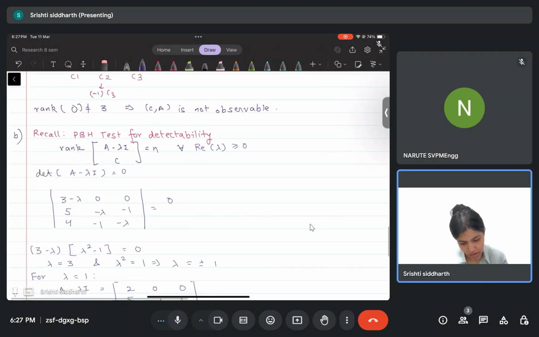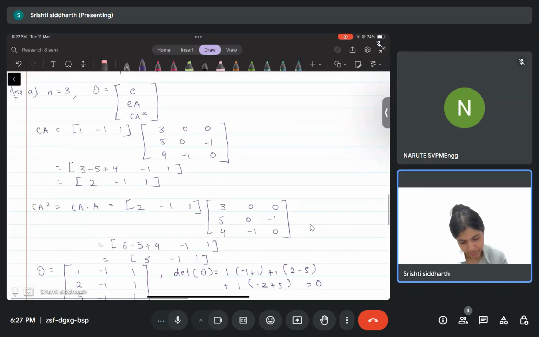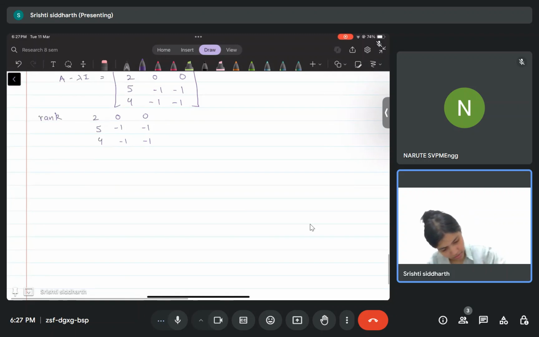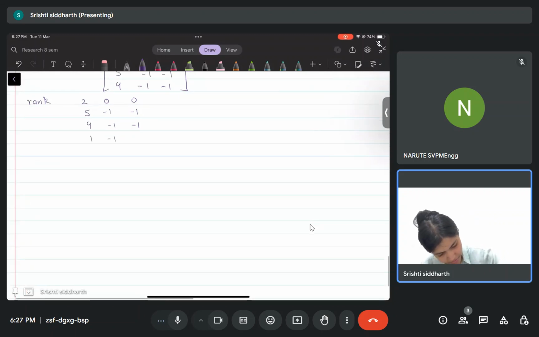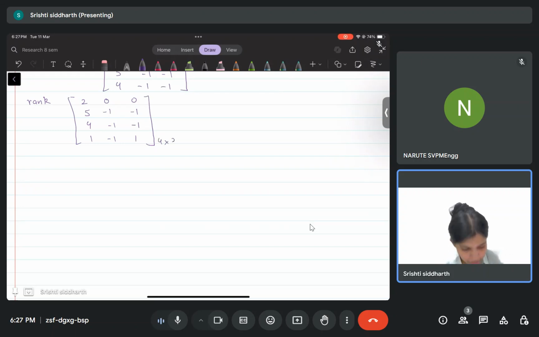So C is 1, -1, 1. This is a 4 by 3 matrix, so we cannot calculate the determinant. So let's see. The rank is going to be either 3 or less than 3. So see if the 3 columns are linearly independent or not.